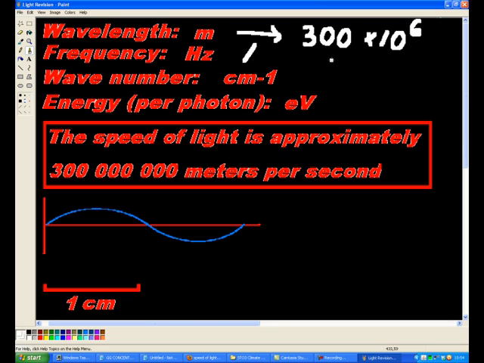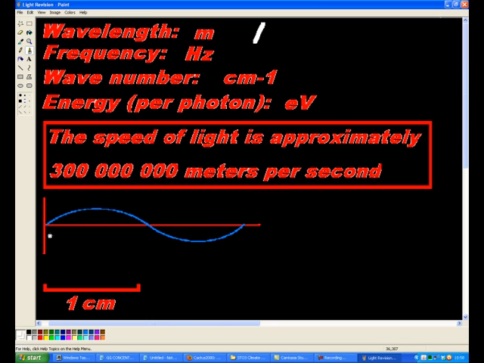Let's try another one. In this example, let's say the wavelength is 1 meter, which happens to be about the wavelength of a radio wave. So the length of one wave here is 1 meter.